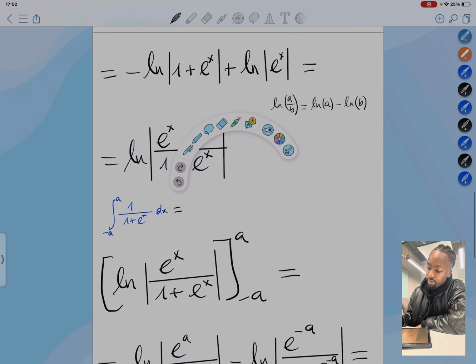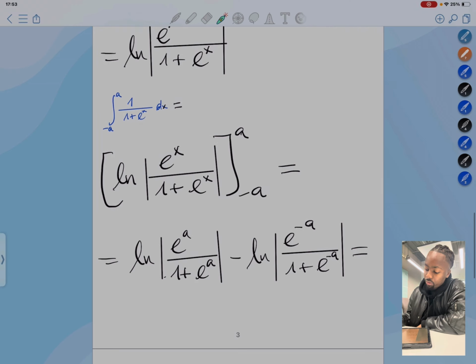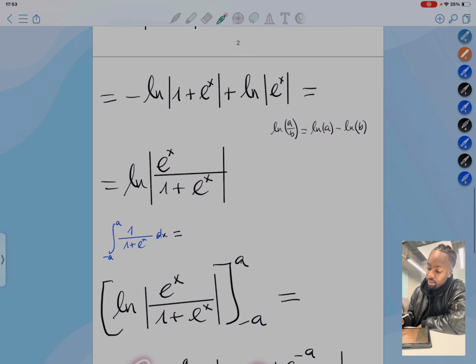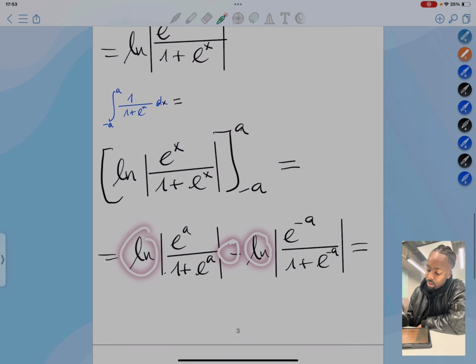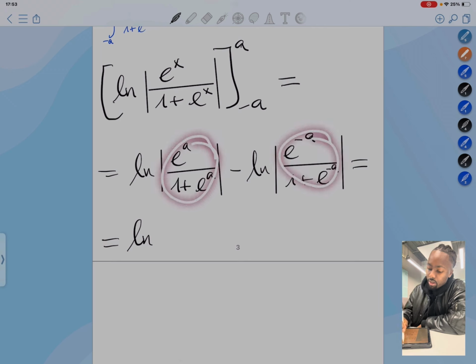Now we are in the same situation as this one here. We're going to use the properties of logarithms, because we have ln minus ln. So we write it as one single natural log, and we do this over this. So this one over this one would be this one times the reciprocal of this.